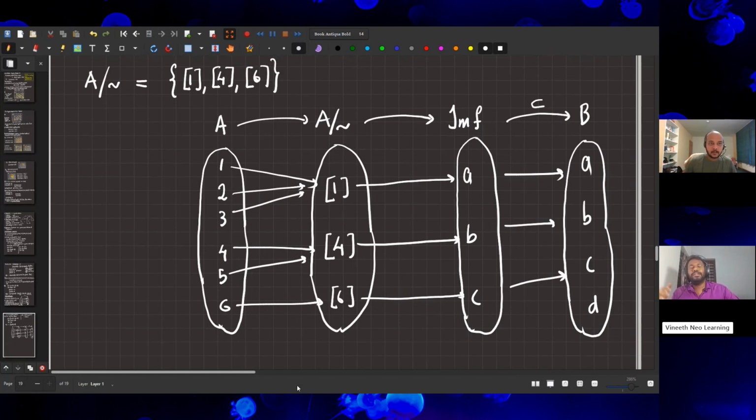That's why it's also known as natural inclusion. It's naturally included in B. Inclusion meaning subset. This is a quotient map.